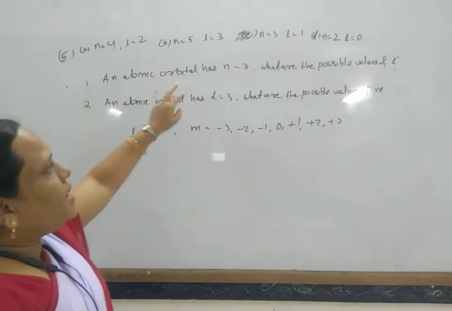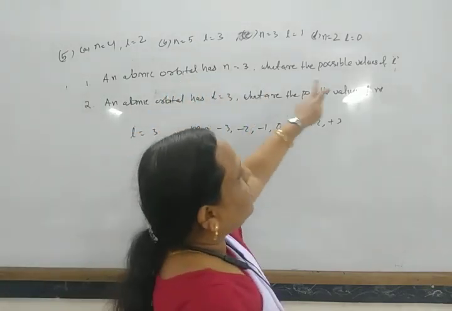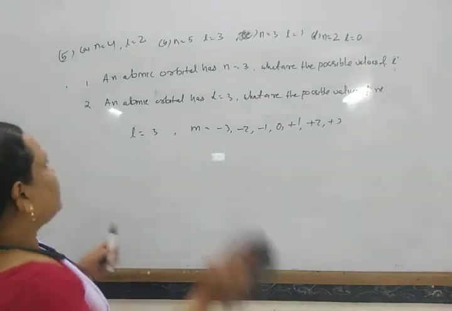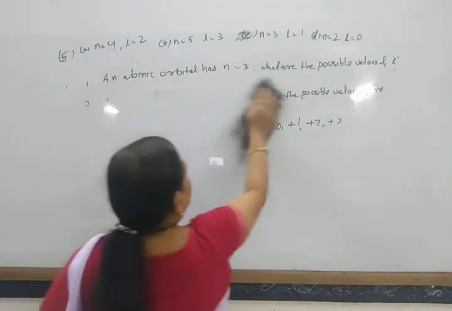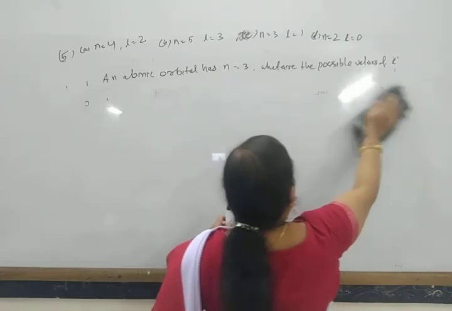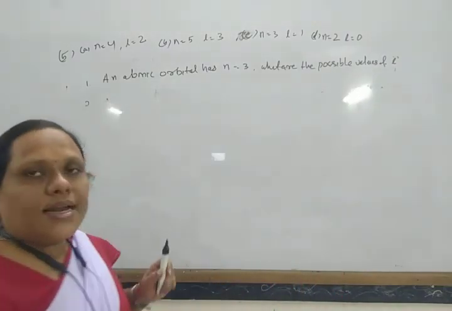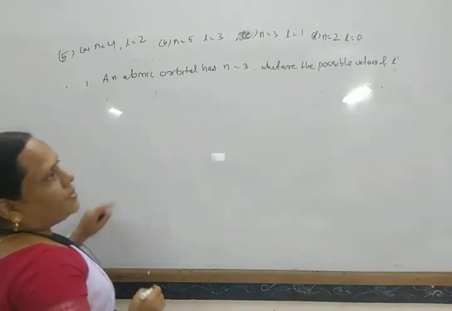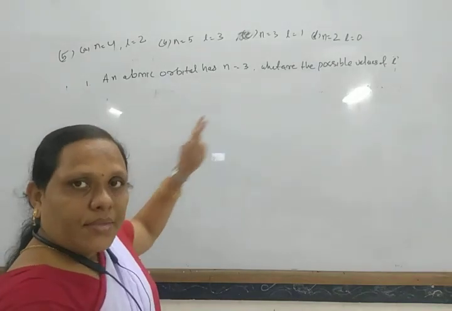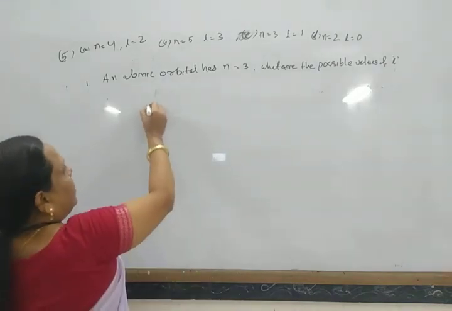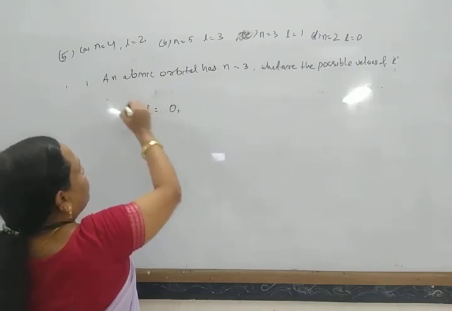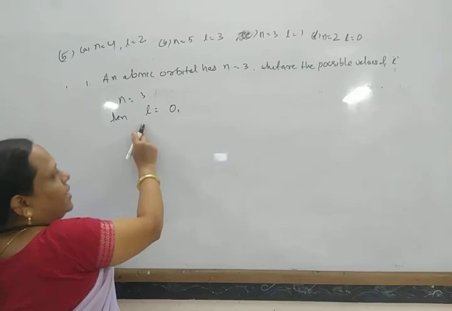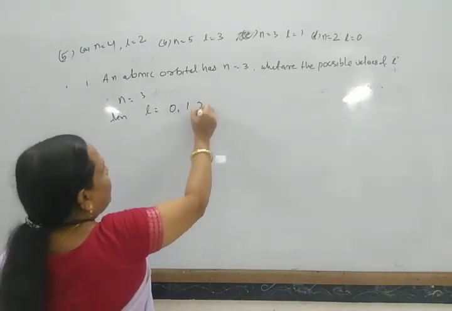An atomic orbital has n equal to 3. What are the possible values of l? As the n value is given 3, there are 3 l values, from 0 to n minus 1. When n equal to 3, l equal to 0, 1 and 2.